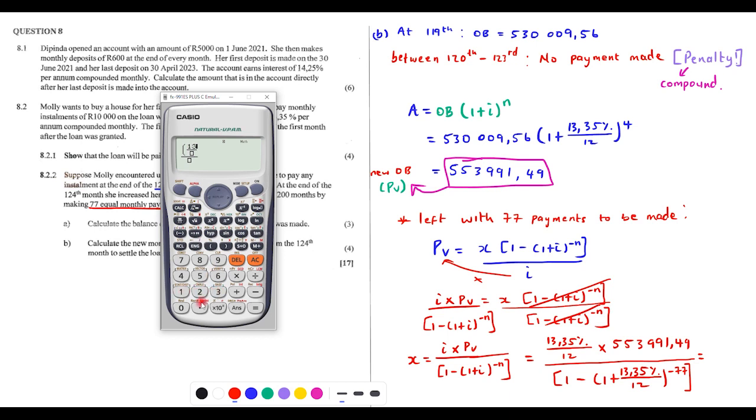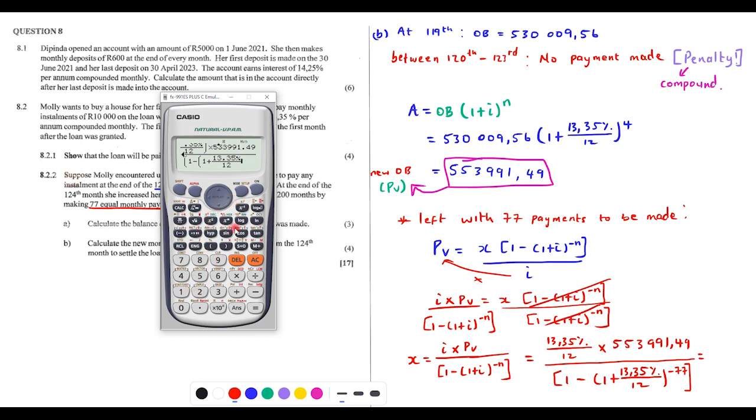12 times 553,991.49, and then at the bottom we say 1 minus (1 plus fraction 13.35% over 12) to the power of minus 77.